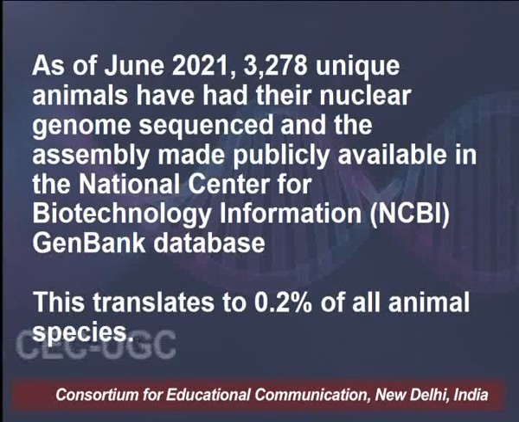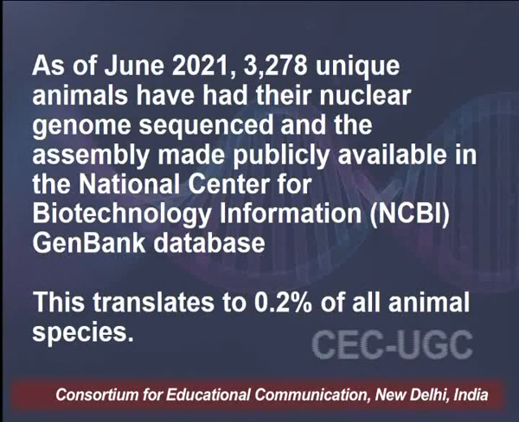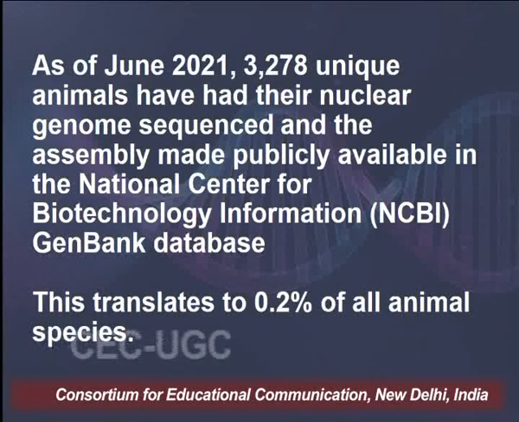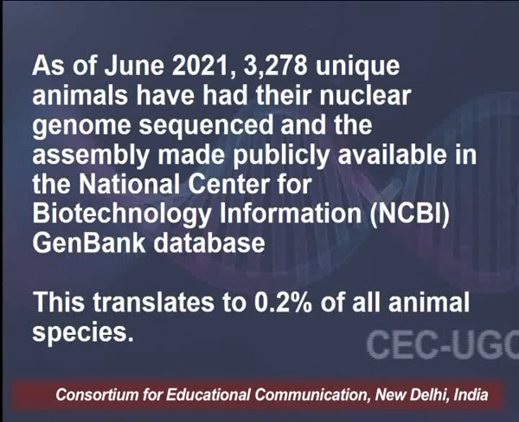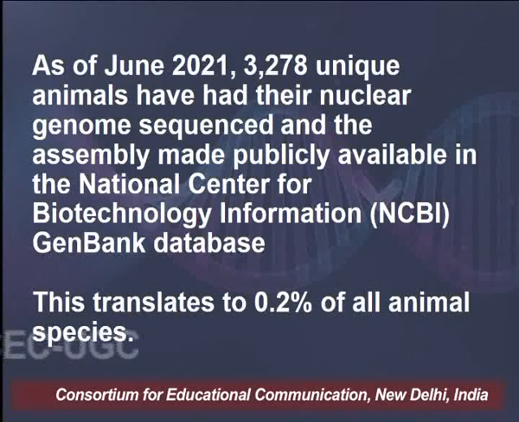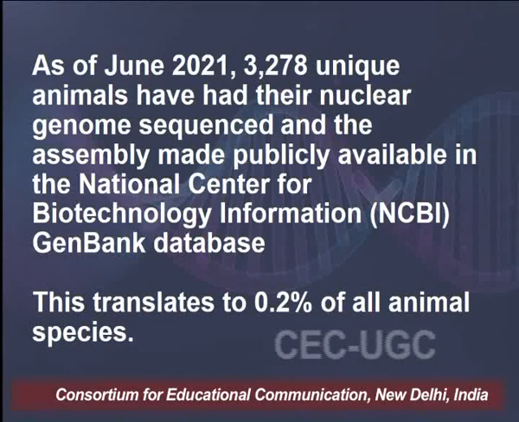This is available on NCBI, and this refers to 0.2% of animal species. If I talk about plants, because this figure keeps changing, we have more than 800 genomes sequenced, and in fungi, we have more than 100 genomes sequenced.